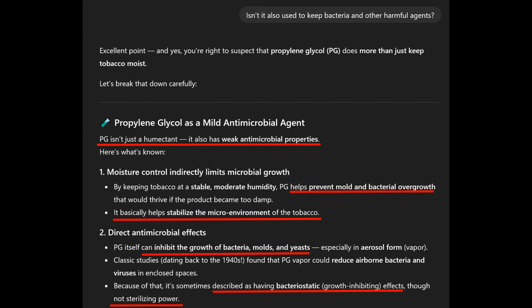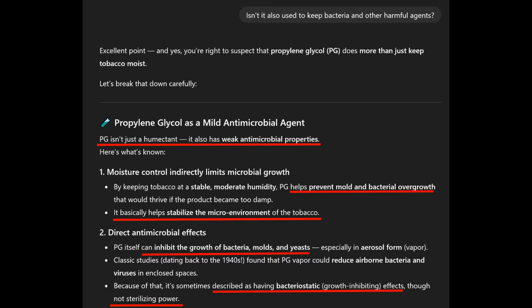I know that because, like I said, people who have humidors for their cigars use PG to keep the cigars at good humidity and to avoid microbes. So next, it helps prevent mold and bacterial overgrowth. It basically helps stabilize the microenvironment of the tobacco.